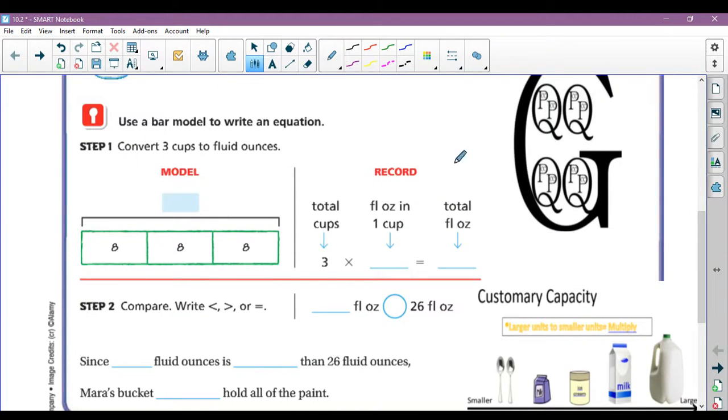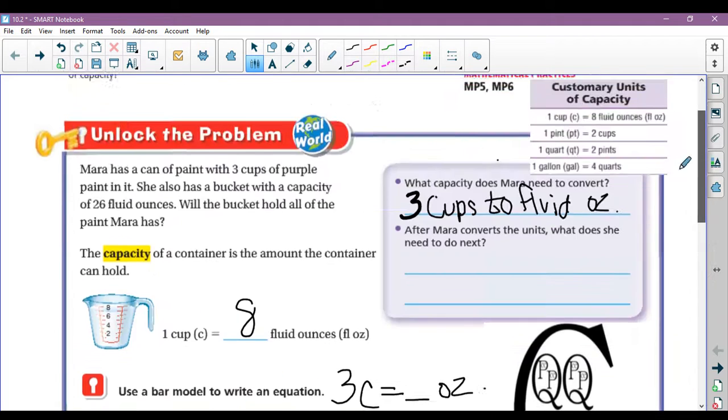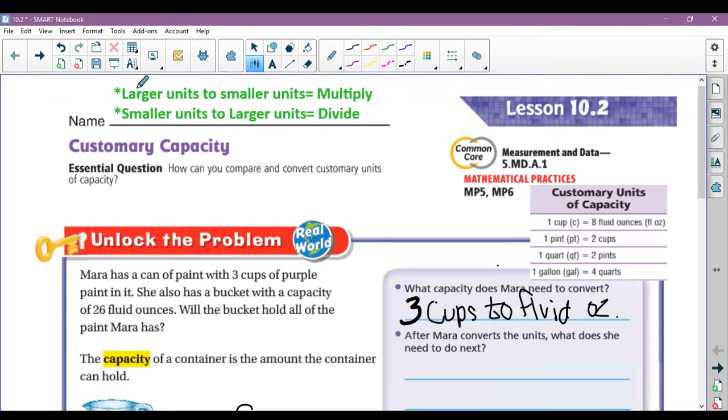All right, so what we're doing is taking 3 cups and we want to know how many ounces it is. Once again, at the top of this, I put the same thing: larger units to smaller units, you multiply, and smaller units to larger units, you divide.